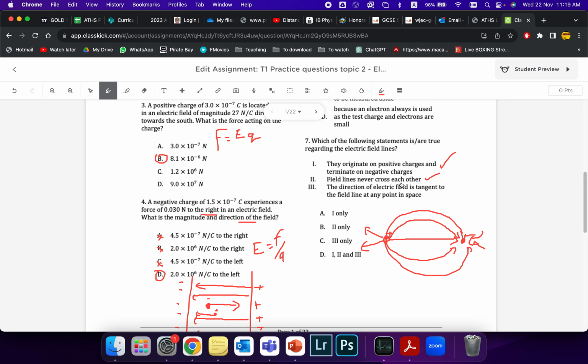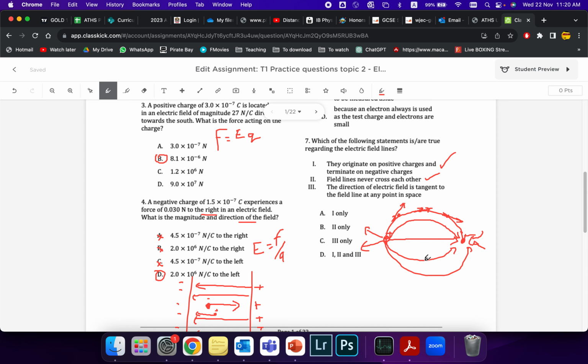And when it's talking about the direction of the field being tangent at any point in space, basically if I picked a point here, the field at this particular point is going up that way. But if I follow it here, it's going that way. It's going that way. This is what it means by tangent. A tangent is a line going in a straight line, like that. So that is the field at each individual point.